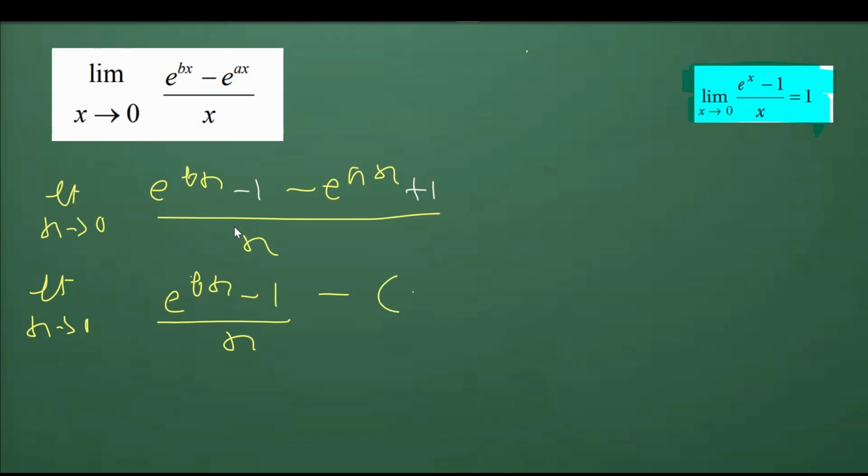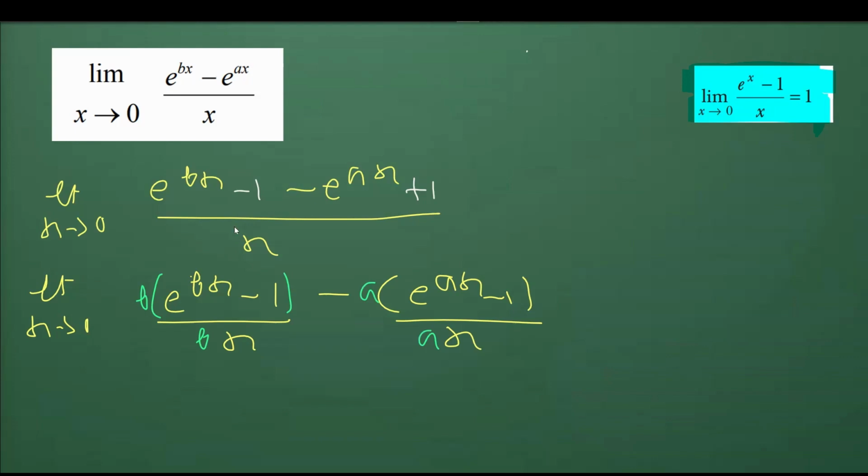Taking minus common, we'll get e raised to the power ax minus 1, and that divided by x. Now, in order to make that identity, I can write over here, multiplying and dividing by b. And over here, I'll multiply and divide by a.